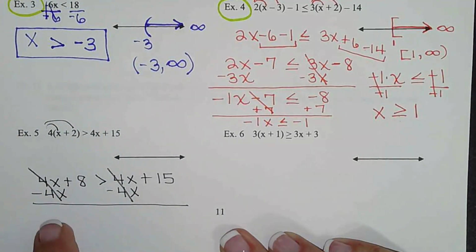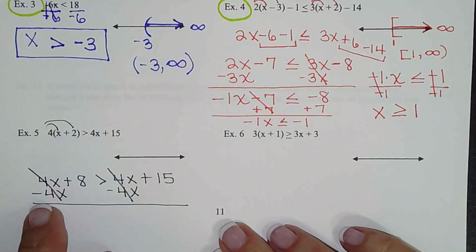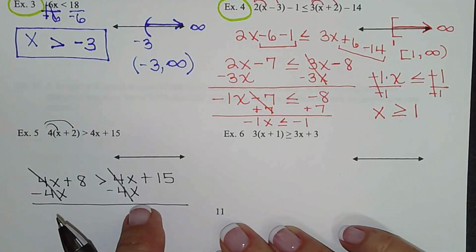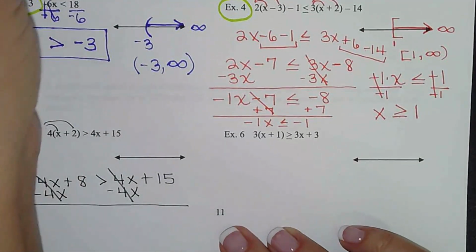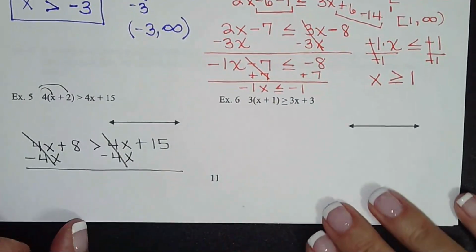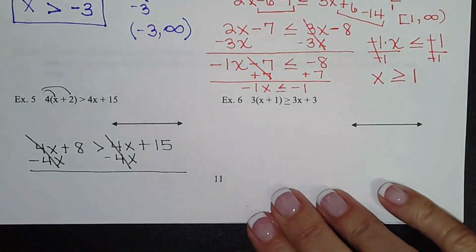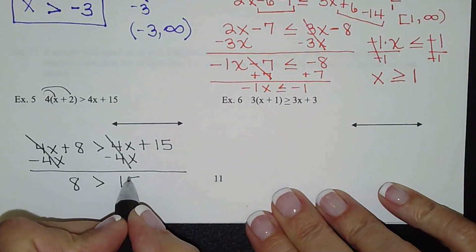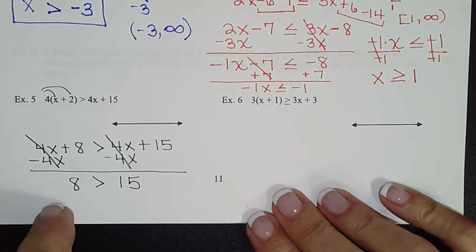Remember, do not write x down there. This is not 1x. It is 0. And this is 0. There are no x's left in the problem. So you bring down the next line. 8 is greater than 15, and you ask yourself, is that true or false?